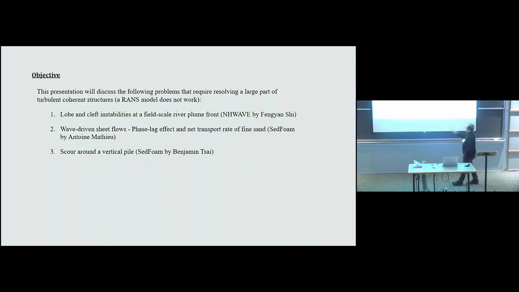I'm going to first talk about the generation of the lobe and cleft instability at a field scale river plume using a non-hydrostatic coastal model, NHWAVE. Then for the next two applications, I will use a two-phase model for sediment transport called SedFoam to use large eddy simulation to simulate two very interesting sediment transport problems.